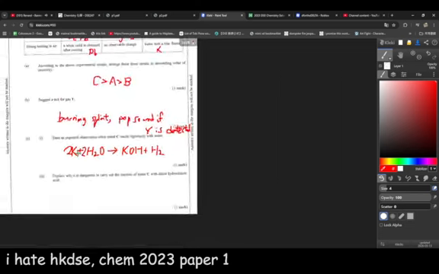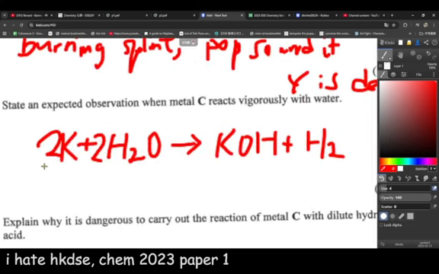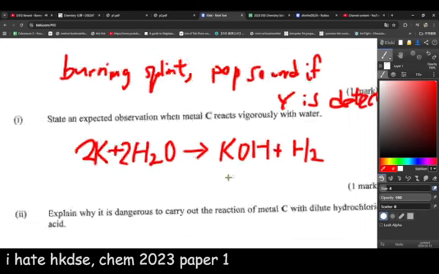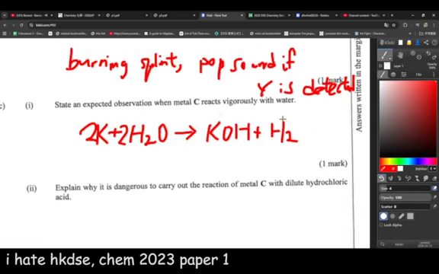You just have to remember that most alkaline earth metals and alkali metals react with water to give a hydroxide. Okay, and just do balancing in your preferred way to get this sort of equation.